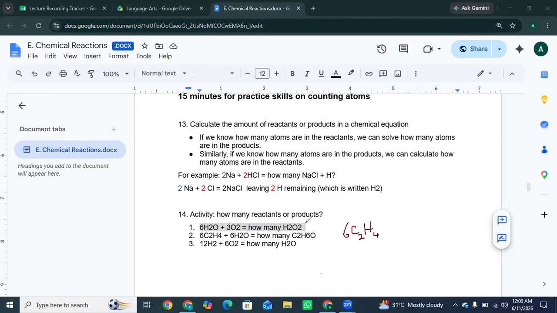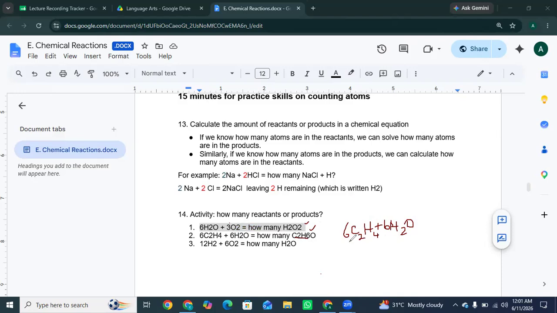Like you have to make this: how many C2H6O? Okay, so simply count what you have on the left side.